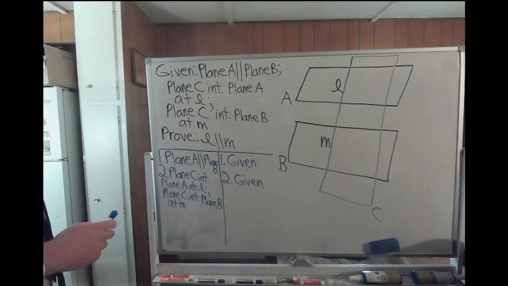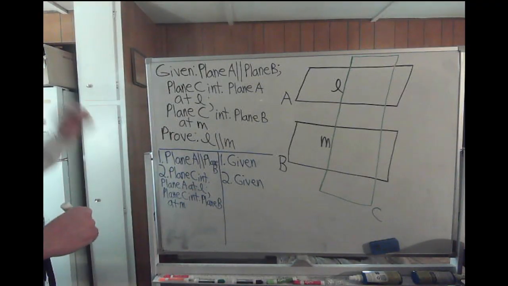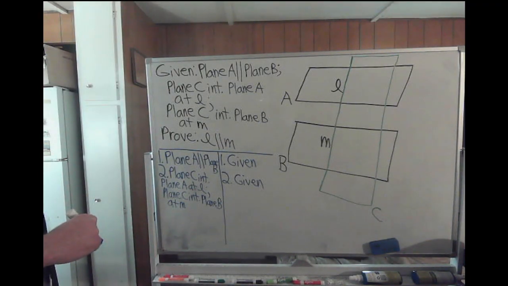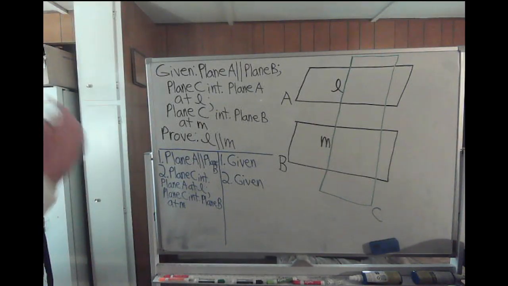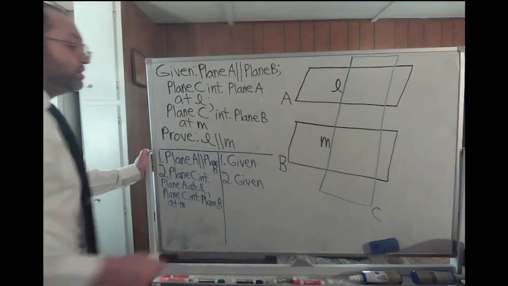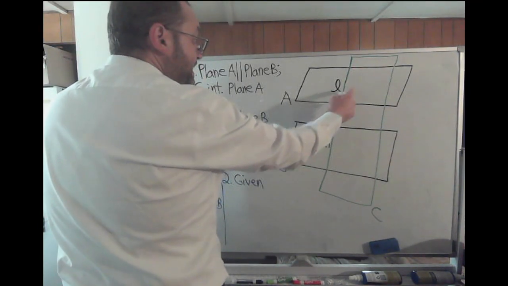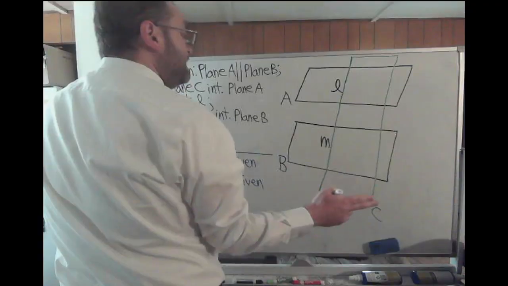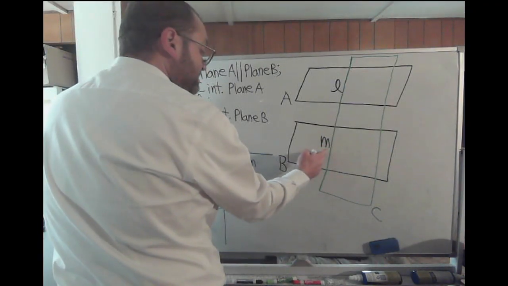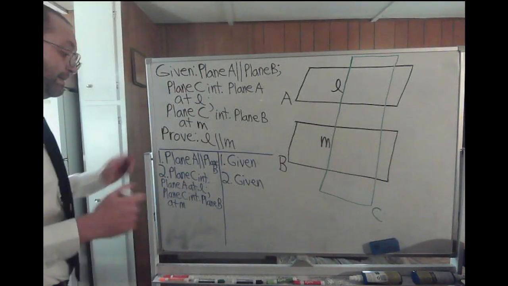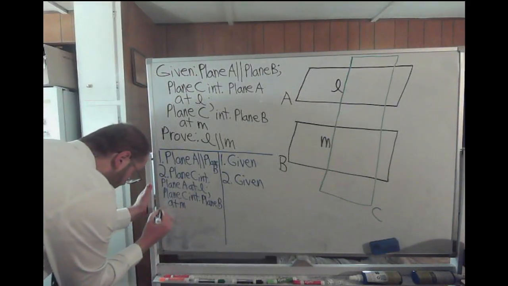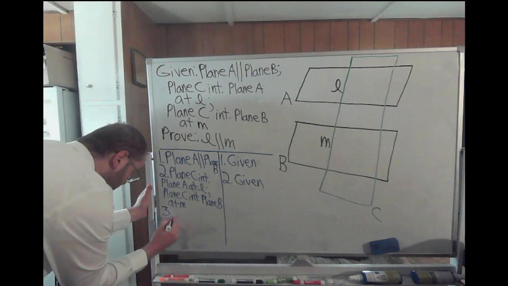Well, again, we know that plane A and B are parallel. Now, isn't it true that line L is in plane A as well as plane C? And isn't it also true that line M is in plane B as well as also C? Yes, it's true, because that's where those planes intersect.